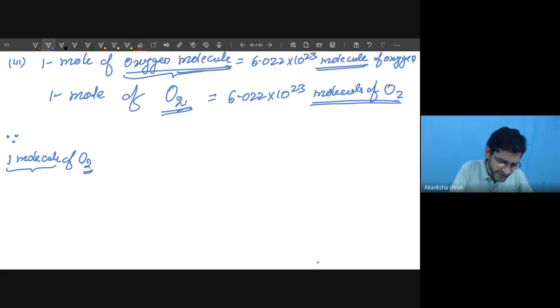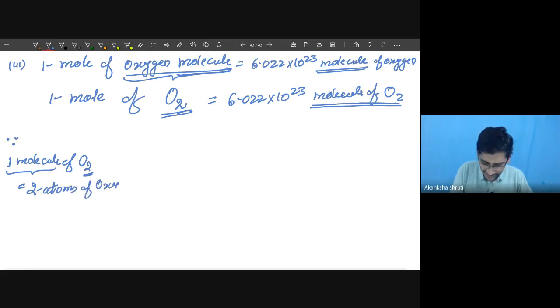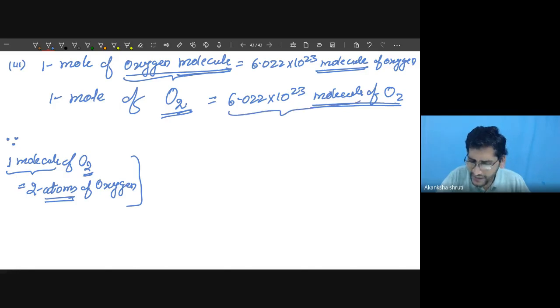So 1 molecule of oxygen is identical to 2 atoms of oxygen. Okay, so molecule can be converted in terms of atoms also.